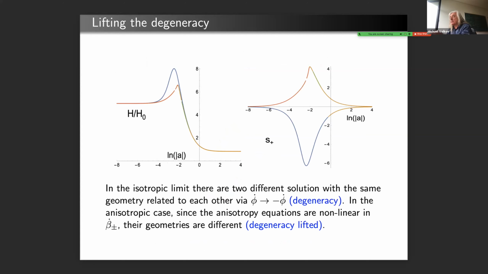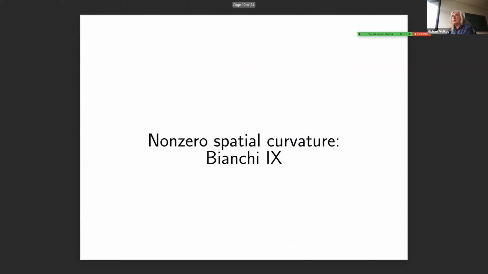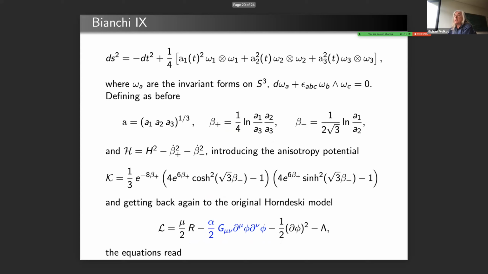And just in the remaining three minutes, the last thing we did was the inclusion of spatial curvature, Bianchi 9. So Bianchi 1 is good, but what happens if you consider a more general case? We take a Bianchi 9 metric, and then in this case, the anisotropies induce a potential in the equations.